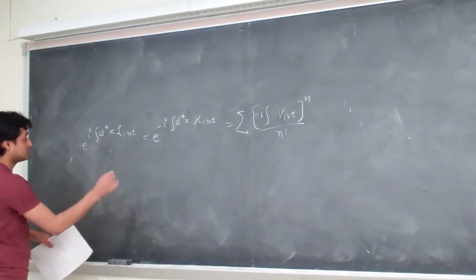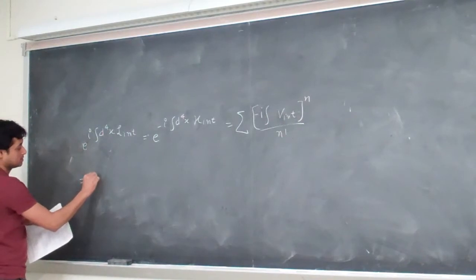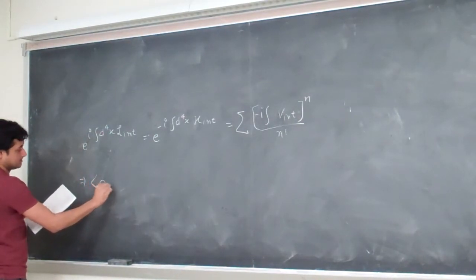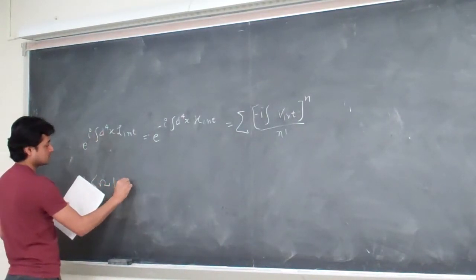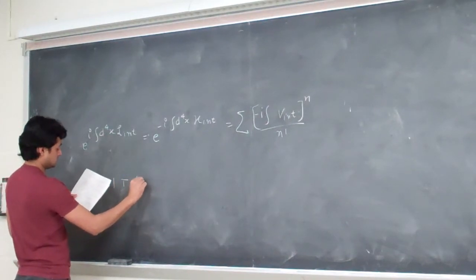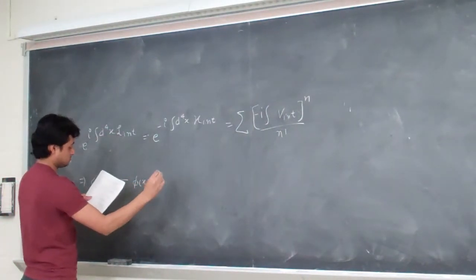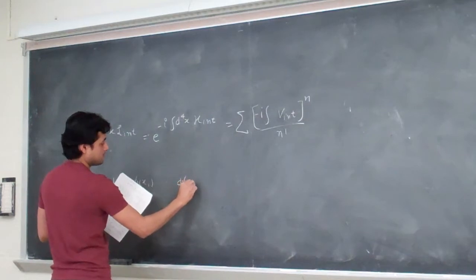And so this tells me that this n-point function, so this is phi of x1, let's say, to phi of xk.